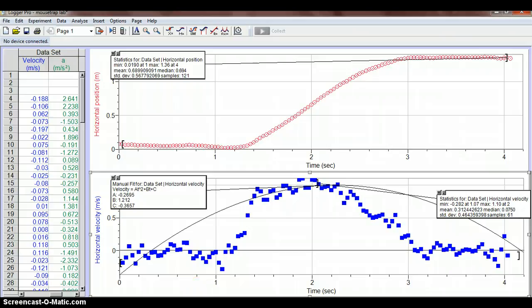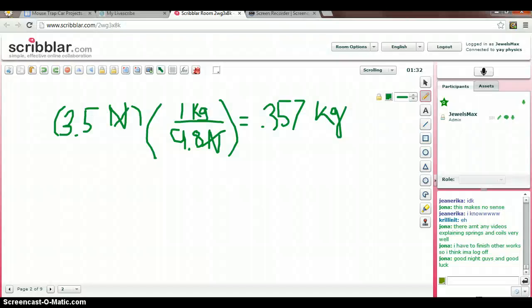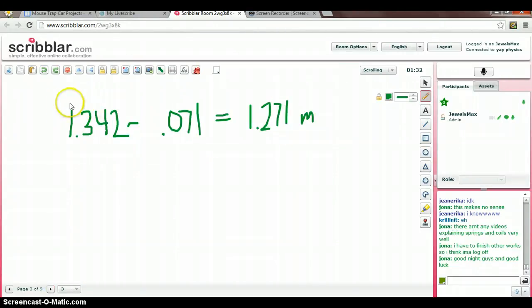I just took the max value, which is 1.342, and subtracted the minimum value, which is 0.071, because the max value is its final position and its minimum value is its initial position. So I subtracted those and got 1.271 meters as my displacement.